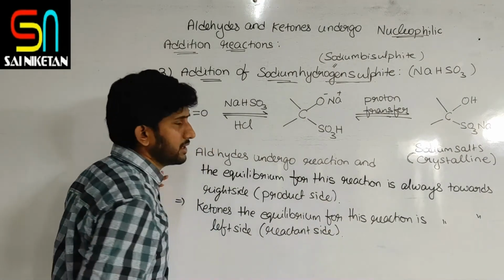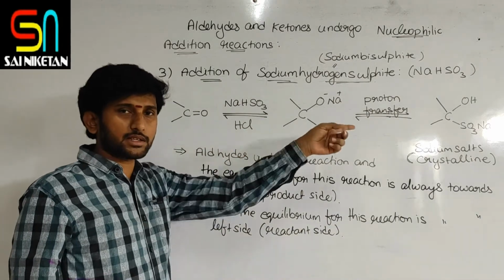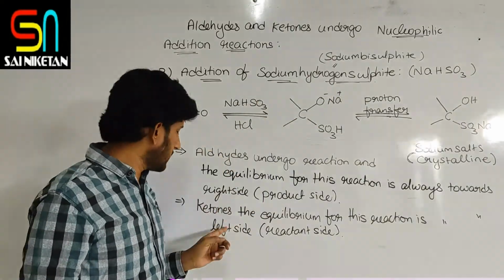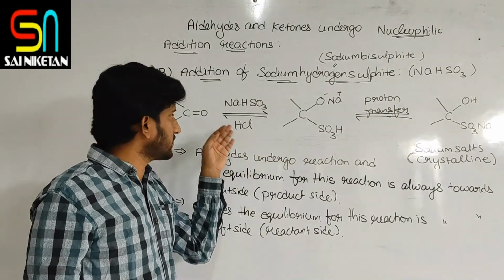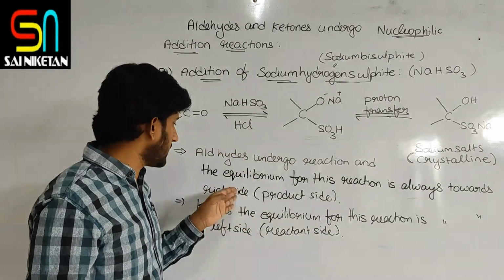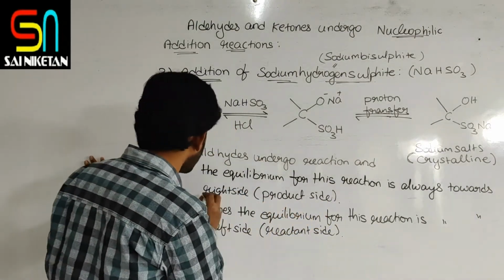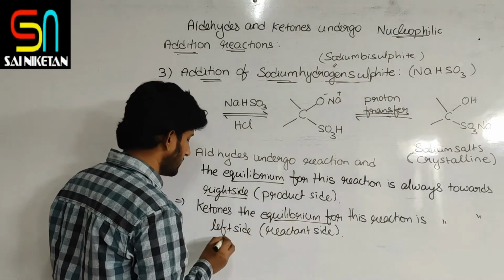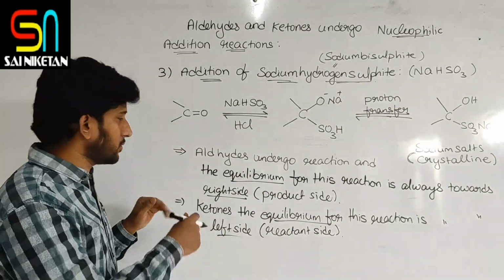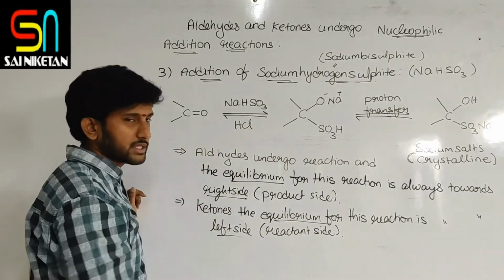What does that mean? If an aldehyde reacts, it reacts fast and gives product easily. If a ketone reacts, the reaction is not as fast as with aldehydes. For aldehydes the equilibrium shifts to the right side, for ketones to the left side. The meaning is aldehydes are more reactive than ketones in this case.